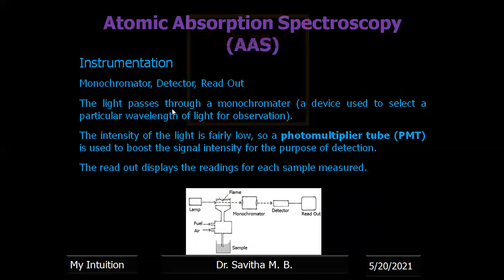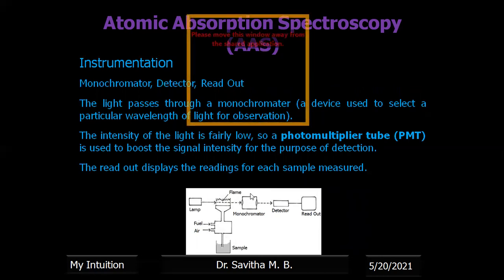When the light passes through the monochromator, you have to select a particular wavelength of light for observation. The intensity of the light falling on the detector is very low, so a photomultiplier tube is required to boost the signal intensity for detection. The readout displays the reading for each sample measured.